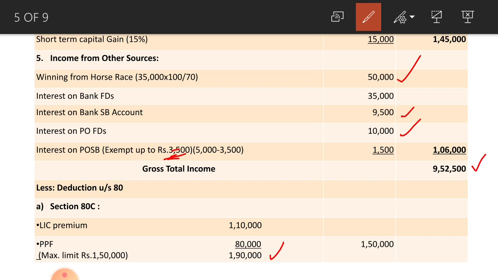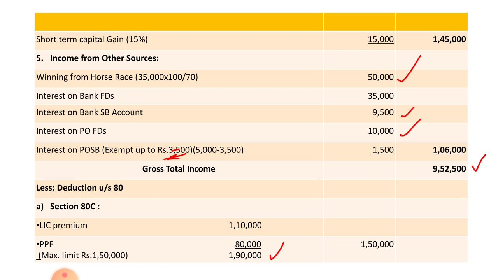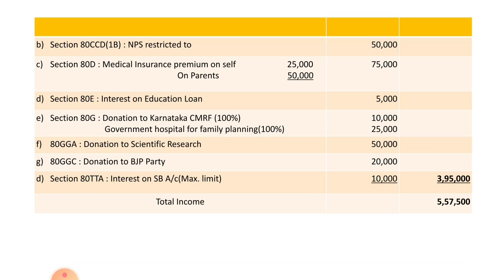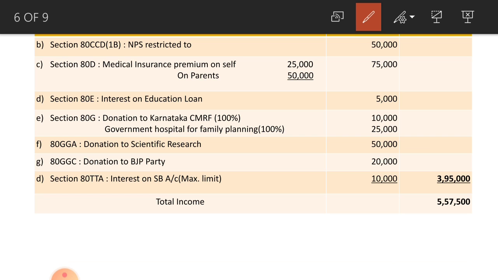So maximum limit you have to take, that is 1,50,000. And next one, section 80CCD(1B), already explained, national pension scheme restricted to 50,000. You should consider 80,000, that maximum limit is 50,000.